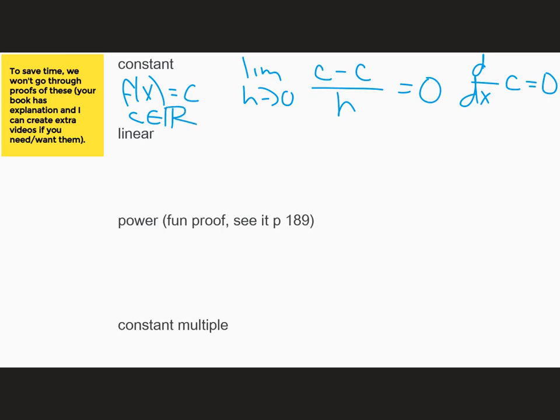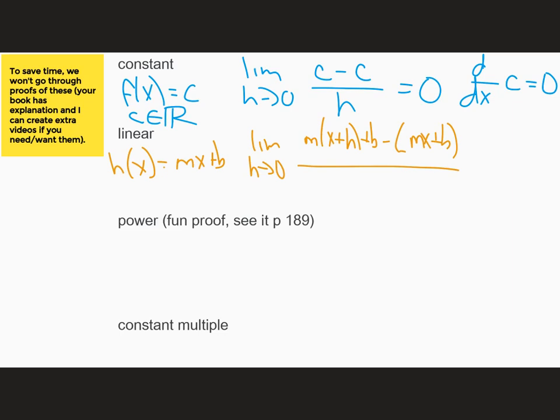A linear function. Let's suppose h of x is mx plus b. So the limit as h goes to 0 of m times x plus h plus b, minus mx plus b, all over h. You should be able to do that and figure out that you get m.